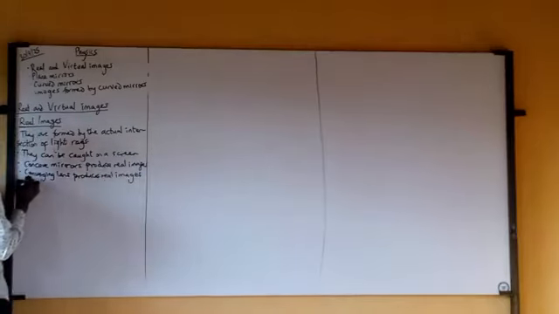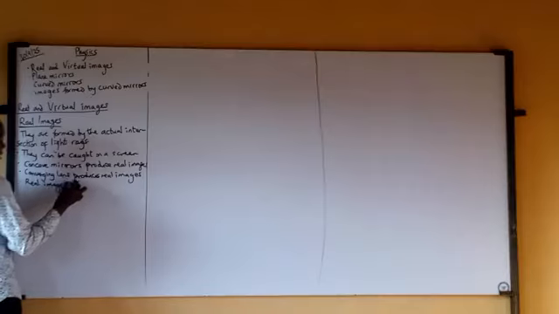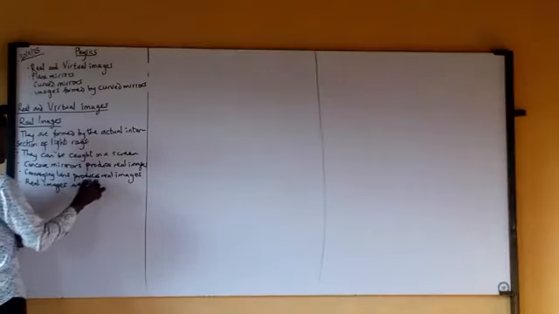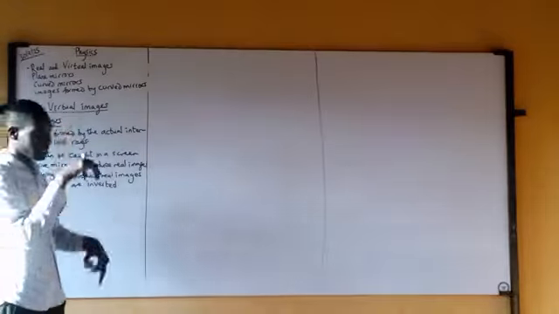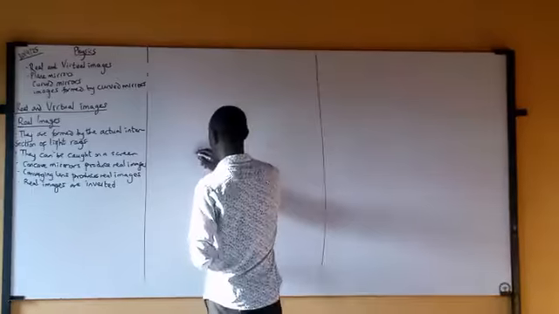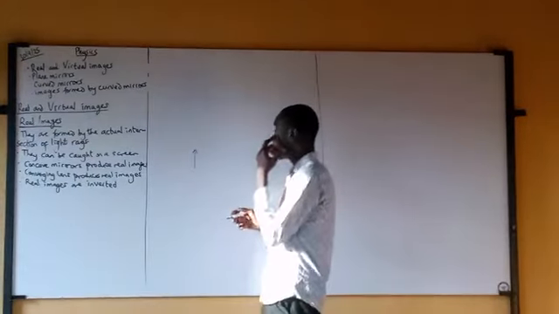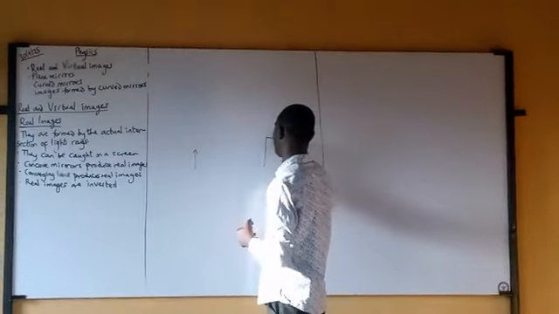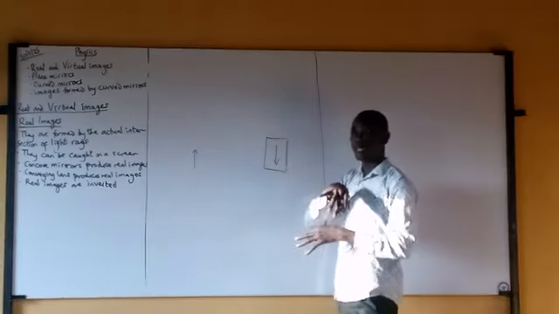Another thing is that real images are inverted. When we say inverted, that is upside down. For example, if you have an object which is an arrow, when a real image is cast on the screen, you have something that looks like this, inverted, upside down.